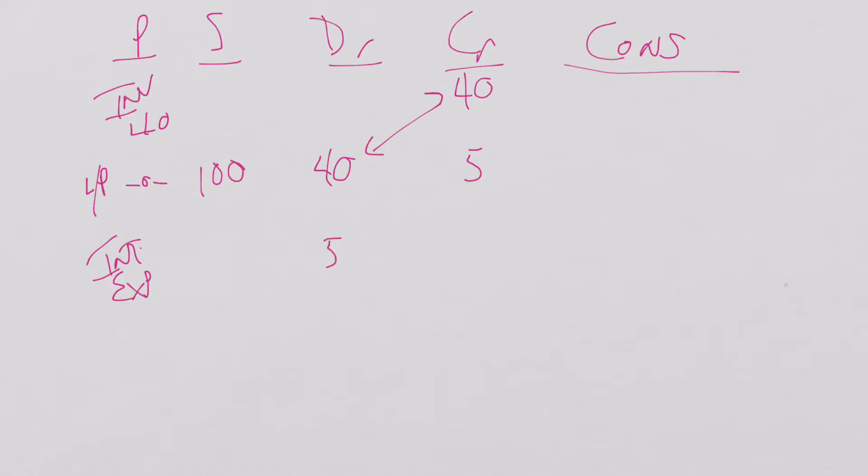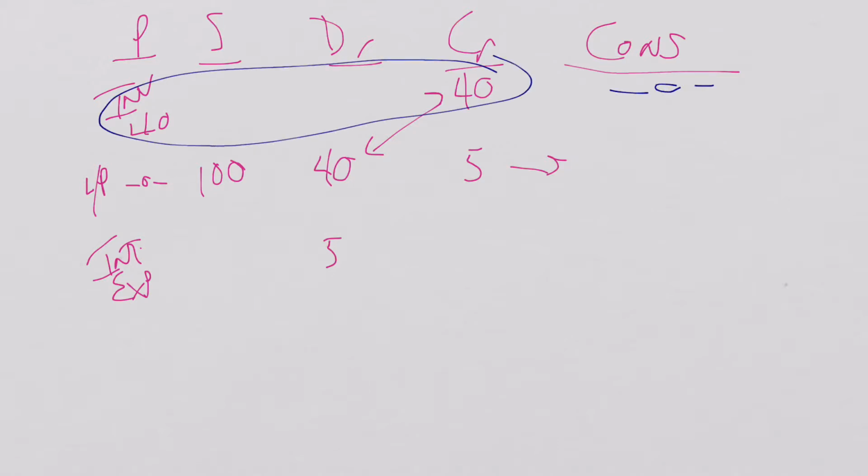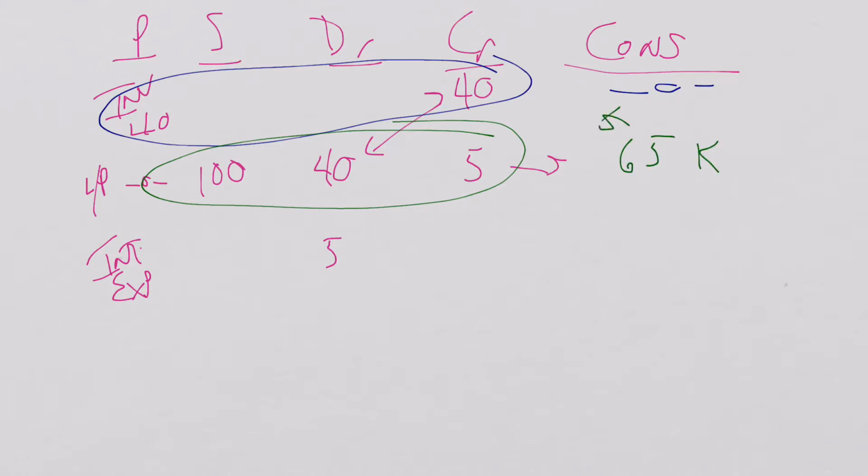So now our loan balance, when we come across to the consolidated, and by the way, make sure that the investment account on the consolidated work papers is 0. Now when we do our loan payable for the consolidated, here the number becomes 65K at the end of the first year.